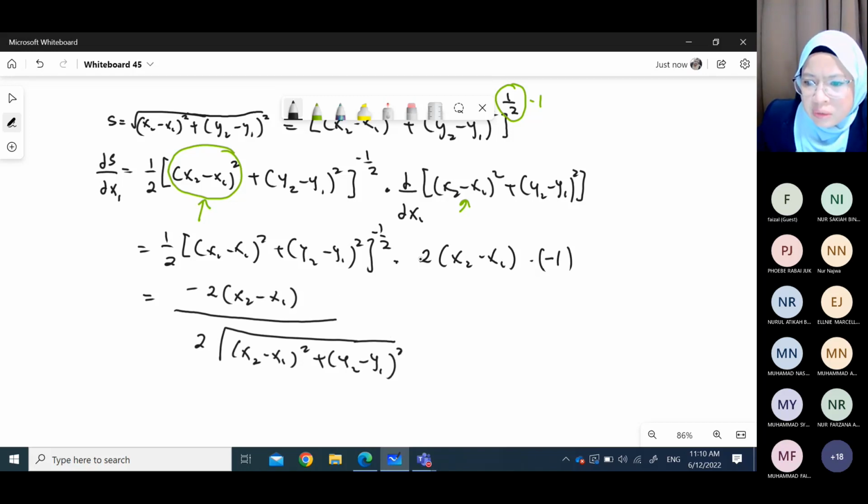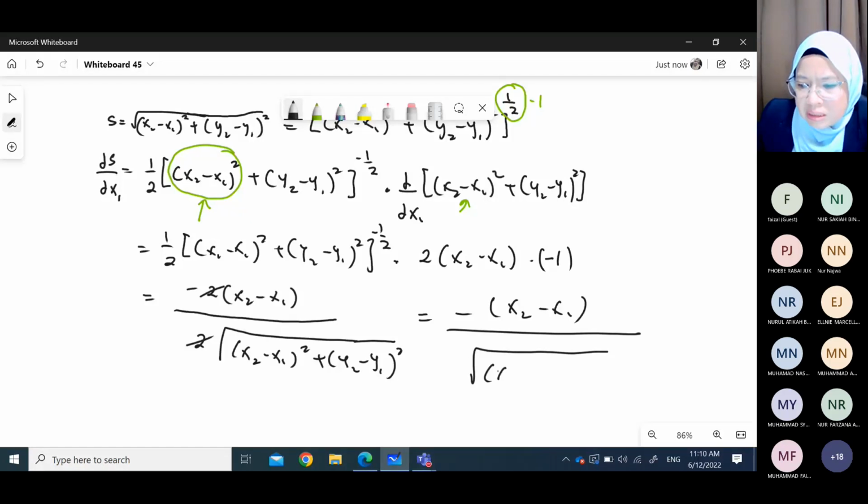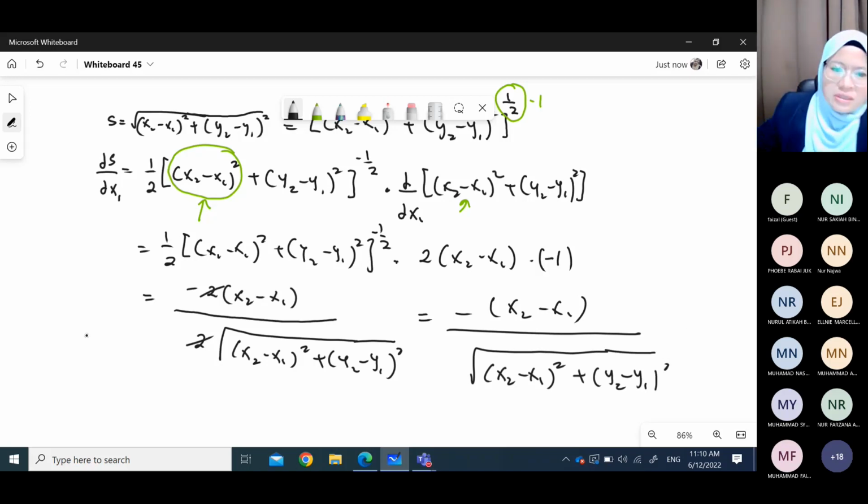Okay. So this one 2 times negative 1 we have negative 2, so this one we can simplify. Then here we have negative (x2 minus x1) over square root of (x2 minus x1) squared plus (y2 minus y1) squared. Okay, so this is our derivative with respect to x1 on s.